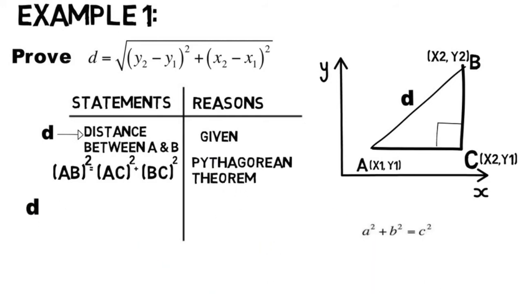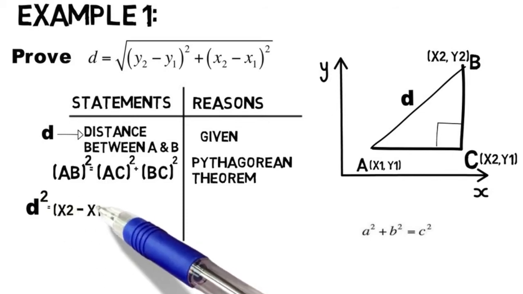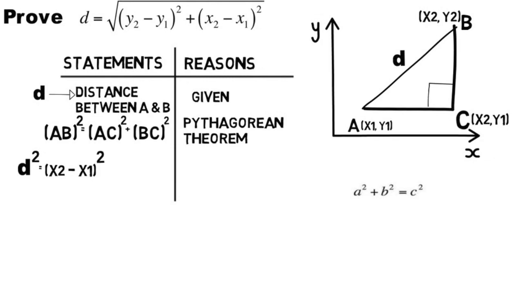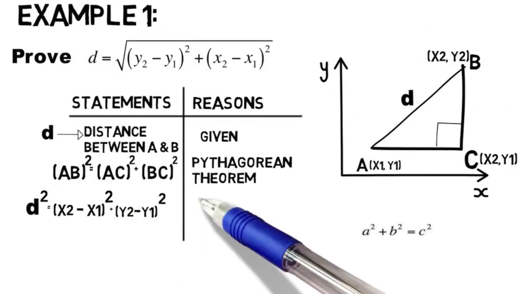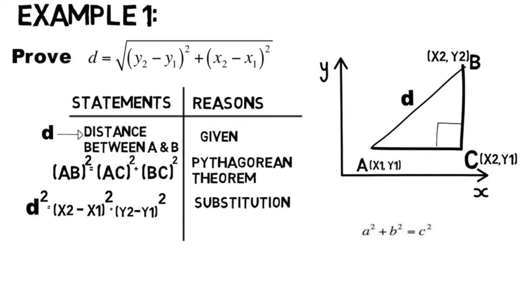And then if we substitute in D squared for AB squared, we still get the hypotenuse squared equals the horizontal distance, the difference in the x's, plus the vertical distance, the difference in the y's squared. And so when we take the square root of this, we get the distance formula.